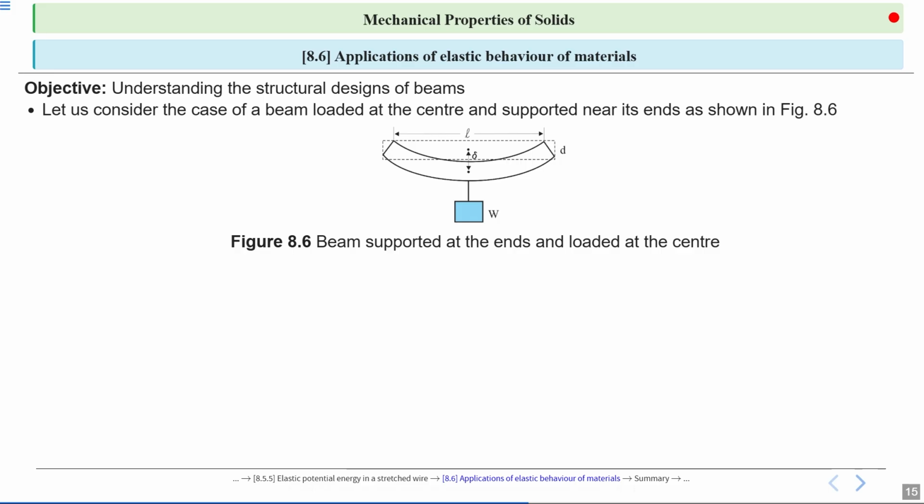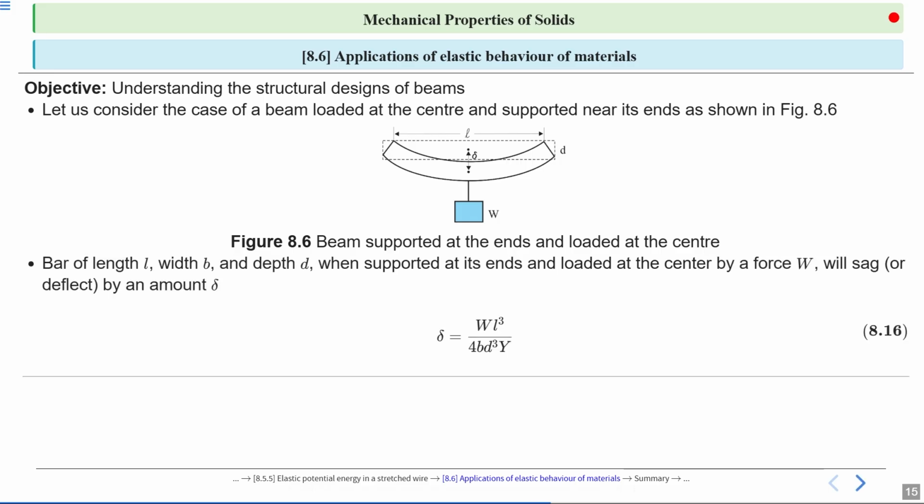So in figure 8.6, a beam is supported at the ends and loaded at the center, and the weight is W. Here we have a bar with length L, width B and depth D. When we place a force W at the center, the bar bends downwards by an amount delta.